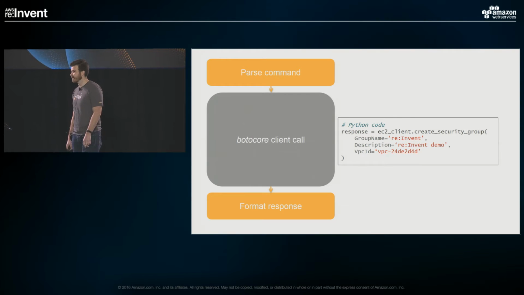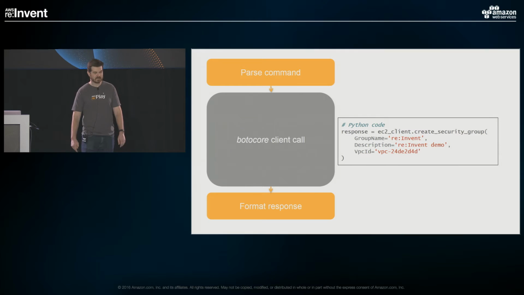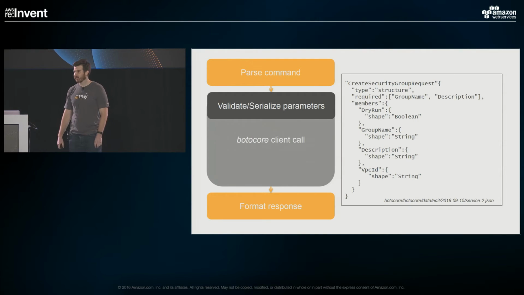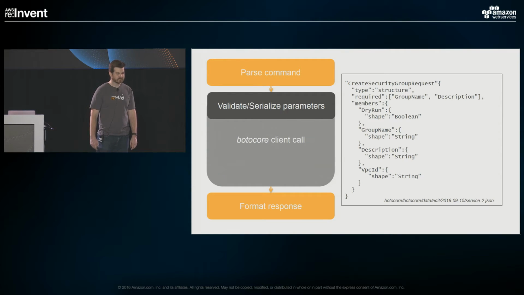What I want to do now is focus on what's happening under Botocore. The very first step that happens is Botocore will validate and serialize the parameters passed to the method call. So you can see on the right here, there is a sample model for create security group.